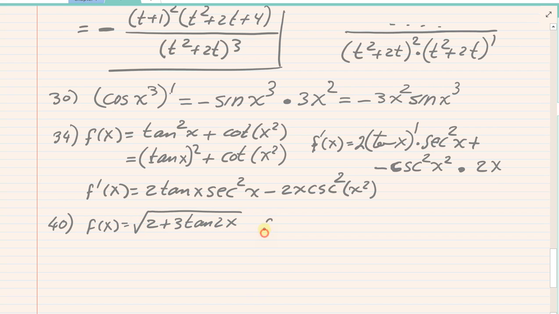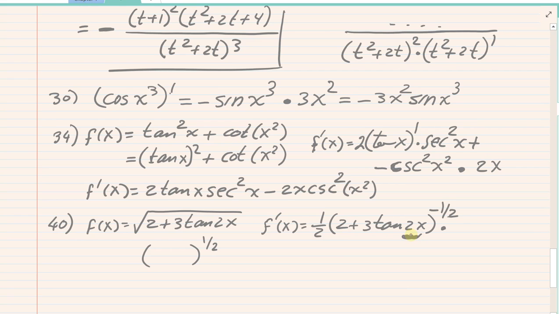Okay, so f prime of x is going to be, again, the outside function is whatever is the radicand to the 1/2 power. So it's going to be 1/2 of the inside, 2 plus 3 tan 2x to the negative 1/2 times derivative of the inside. Now inside, derivative of 2 is 0, and derivative of tangent, this itself is a chain rule.